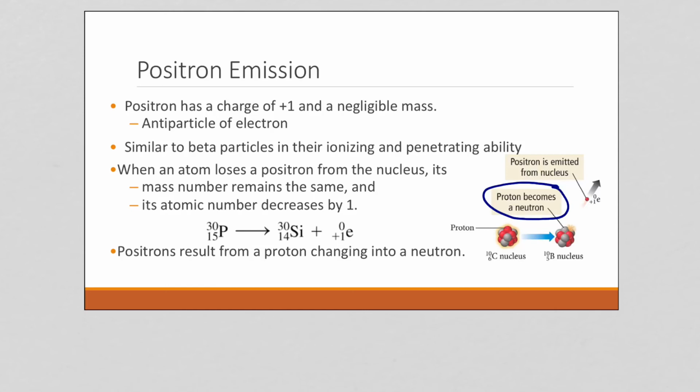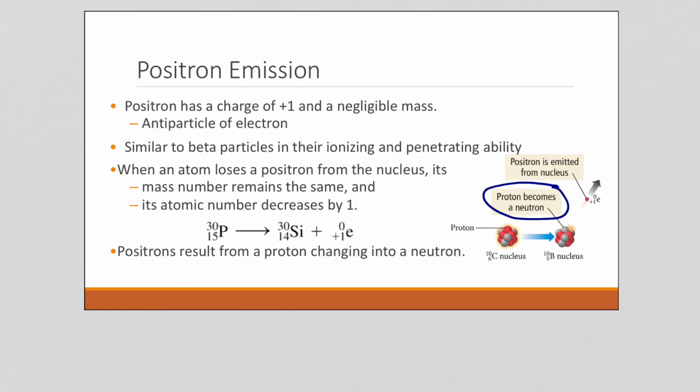What we see here are nuclei that need to change that ratio of protons to neutrons, and they're likely to undergo positron emission if they need more neutrons and fewer protons. Whereas a nucleus that needs more protons and fewer neutrons is likely to undergo beta decay.